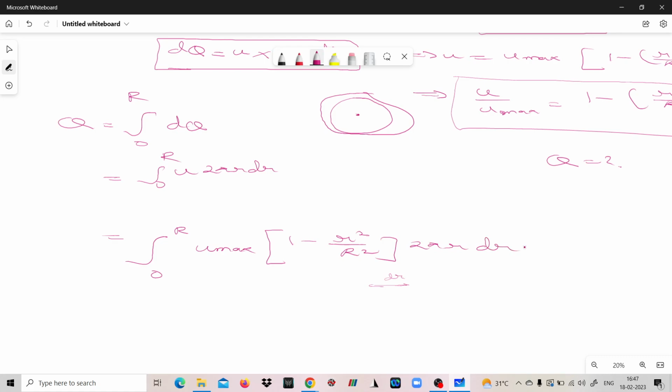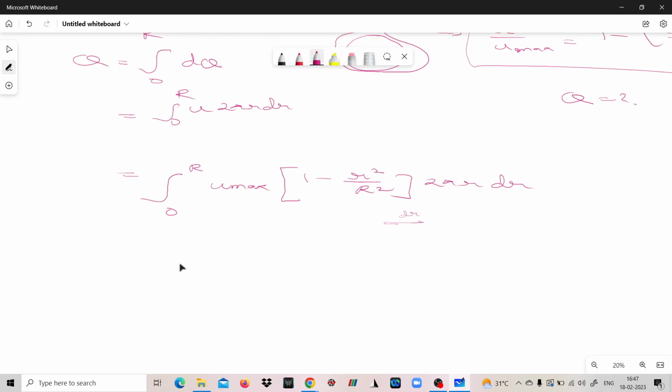Now here, what are the constants? You can bring out the constants outside of the integration.